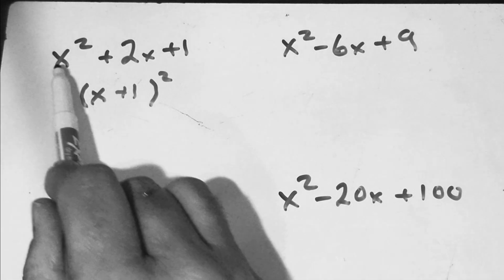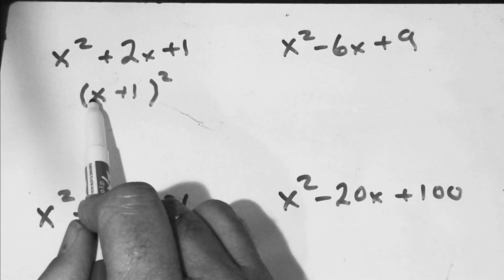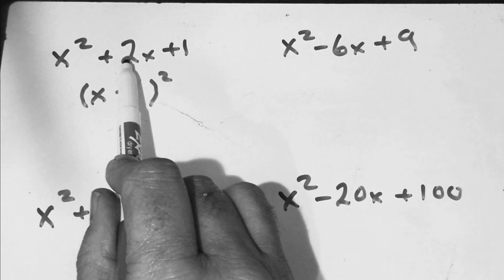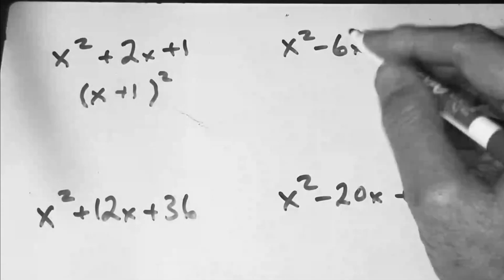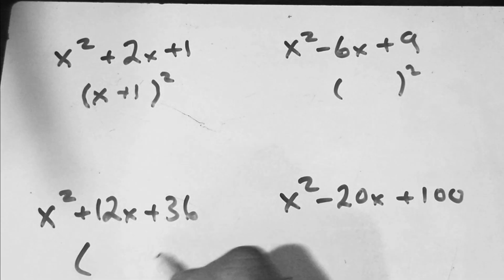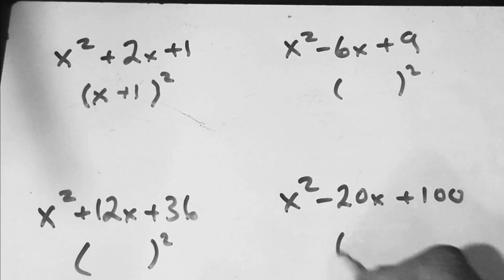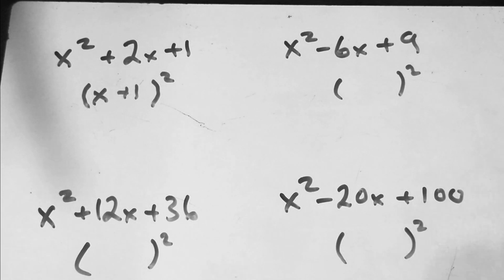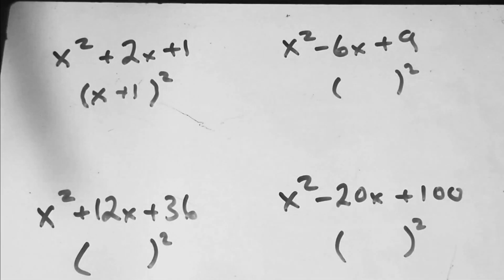So you just take that, you put it here, the x. Then you take half of the middle and put it there. So I would like you to do that on your own for a second. Write down like this. Since we've already determined these are perfect squares, we can go ahead and work with them. And see if you can fill in those parentheses with the factors.